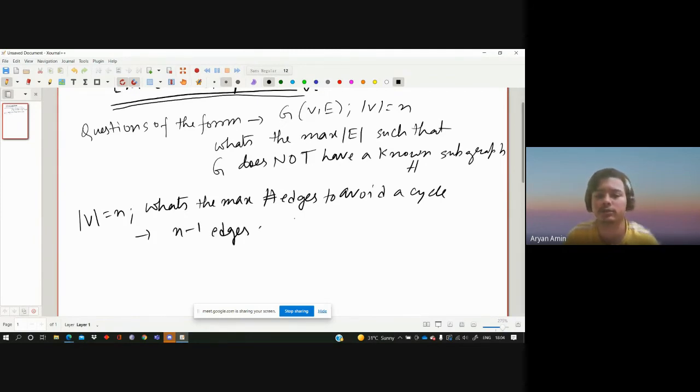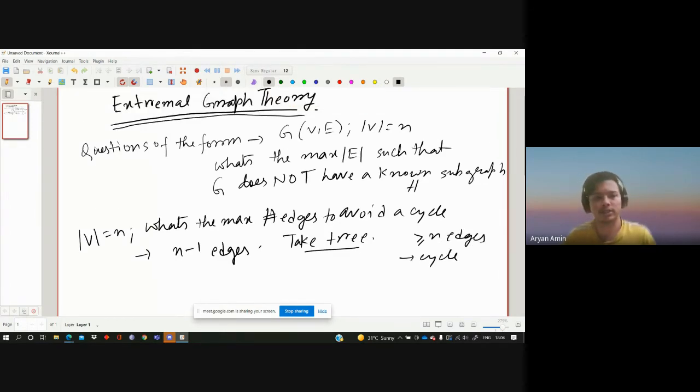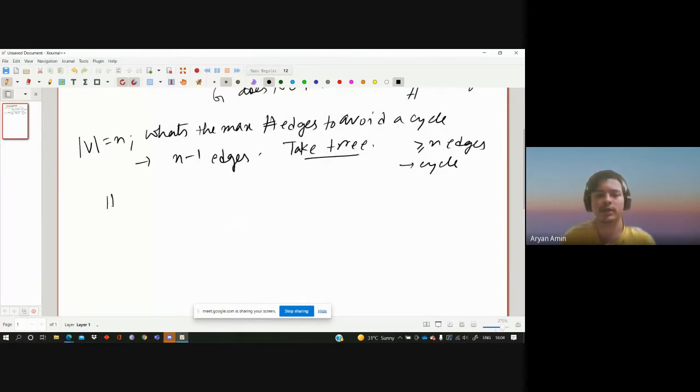And the construction would be just to take a tree. It's kind of well known that if you have n edges, then you always have a cycle. So if H was just any cycle, then to avoid any cycle, you can have at most the number of vertices minus 1 edges.